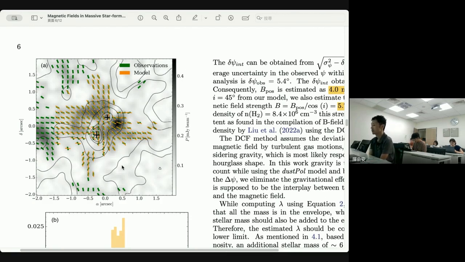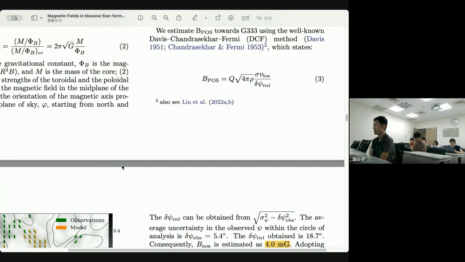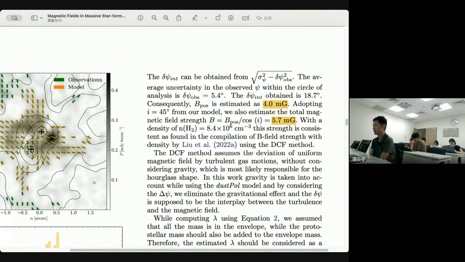Yeah. So then they use this DCF method, which is a common method to estimate the magnetic field strength. Actually, in this method, they assume the deviation of the magnetic field is caused by turbulent gas motion. And with modeling, they can also consider the gravity. So from all the deviation of the magnetic field, they first cut off the part from the gravity and then estimate the magnetic field strength.